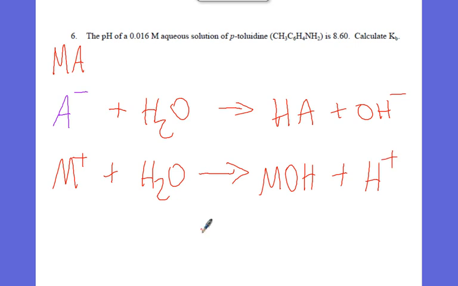Depending on the strength of these two things, one of them is going to be better at this, and whichever one's better is going to determine the pH. Just like if you have two acids and the stronger one determines the pH, if you have two anions going into water, the stronger one determines the pH.